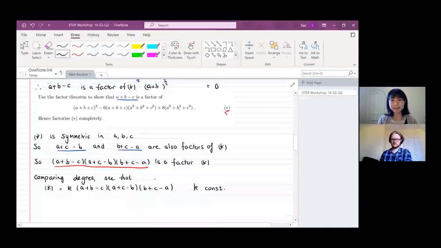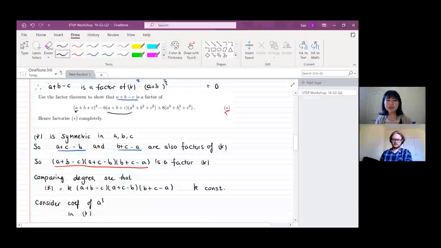So we're going to consider the coefficient of a cubed. So in star, what is the coefficient of a cubed? Well, we have 1a cubed here, we have minus 6a cubed here, and we have an 8a cubed here. So 1 minus 6 plus 8 is probably 3.